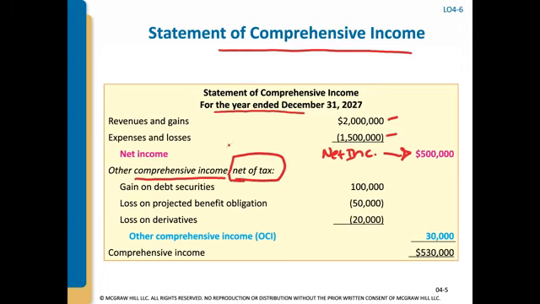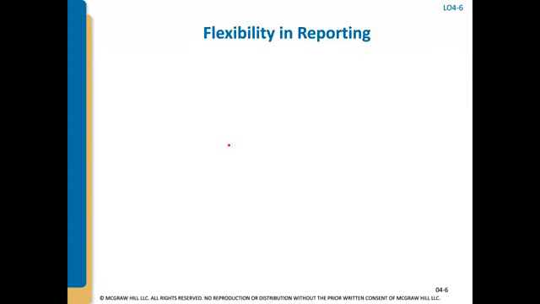This is really important. These are all reported net of tax. So in this example, we have a gain on debt security, loss on projected benefit obligation that has to do with pensions, and loss on derivatives. And then you have the total other comprehensive income here to get to comprehensive income, which is the net income plus other comprehensive income.